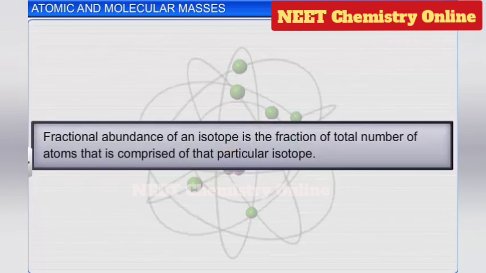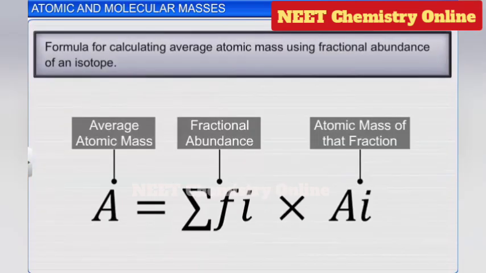We can also calculate the average atomic mass using fractional abundances of isotopes of an element. Fractional abundance of an isotope is the fraction of the total number of atoms that is comprised of that particular isotope. The formula for calculating an average atomic mass from fractional abundance is fractional abundance multiplied by atomic mass of that fraction.